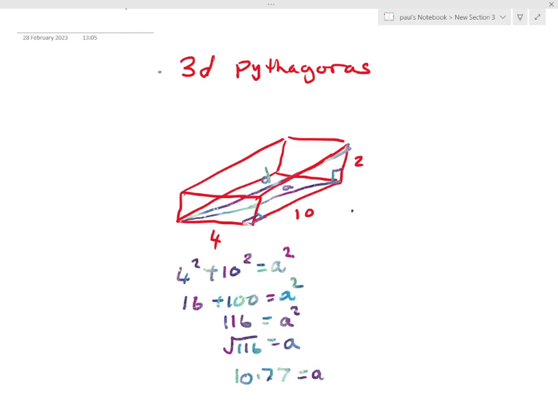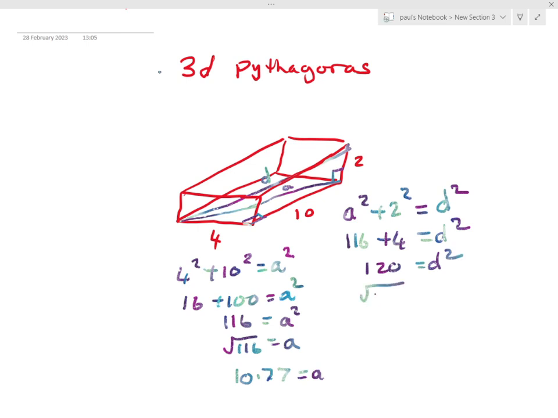So now A squared plus the 2 squared, the height, equals D squared. Now we know what A squared is, don't we? It's 116 plus 4 equals D squared. And that's 120 equals D squared, and the square root of 120 will equal D. So the square root of 120 is 10.95.